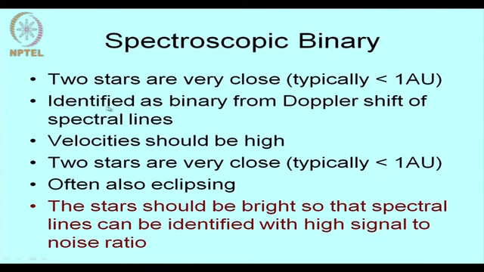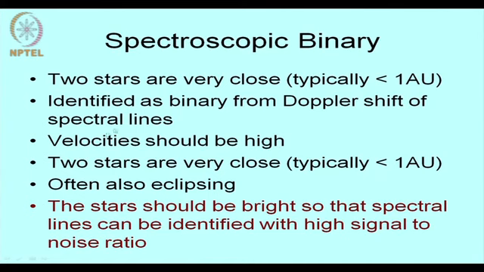So, the basic idea is that you have to be able to identify spectral lines coming from the two distinct stars, and as the stars move around you will have Doppler shift, and since the two stars have different motions, you will have different Doppler shifts for the two different lines, and then from that you can make out that you have a binary system.